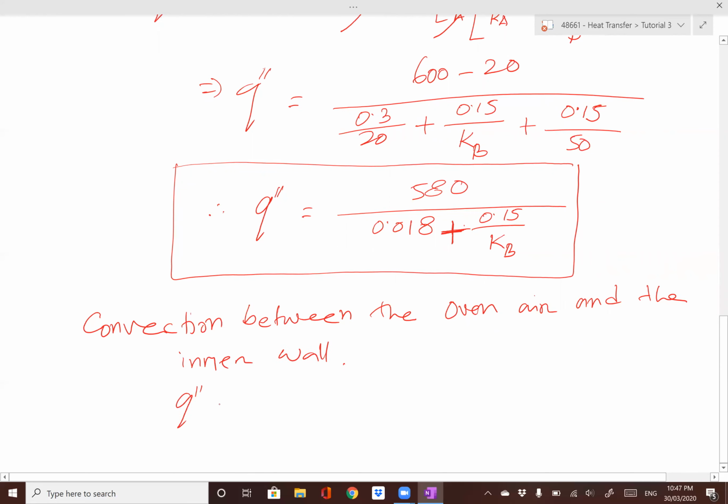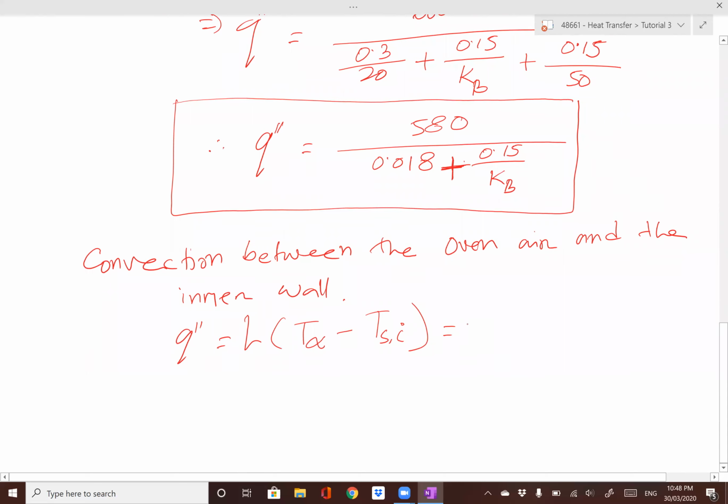So heat flux, it will be a convection, so coefficient of convection times your oven air temperature minus inner wall temperature. So here H is given 25, and oven air temperature given 800, minus inner wall temperature for the oven given 600. So it will be 5000 watt per meter square.